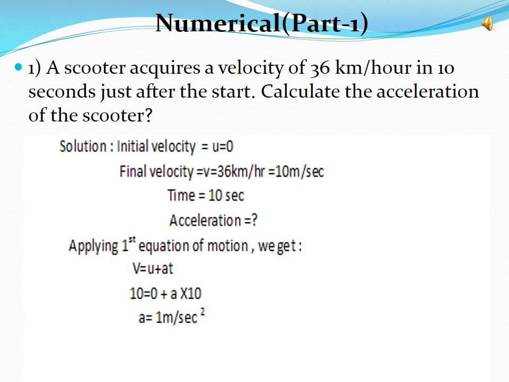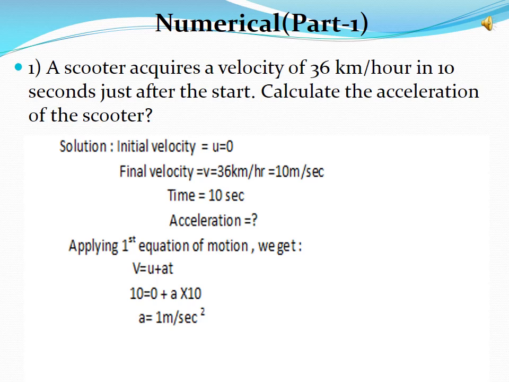Let me discuss the numerical part 1, and part 2 will be discussed in the next class. Question number 1. A scooter acquires a velocity of 36 km per hour in 10 seconds just after the start. Calculate the acceleration of the scooter.